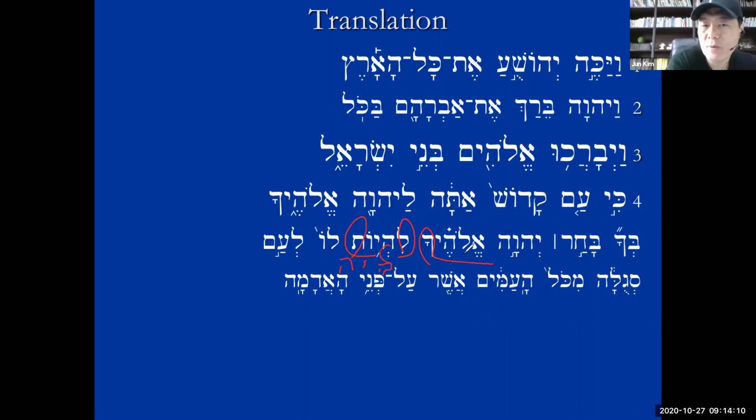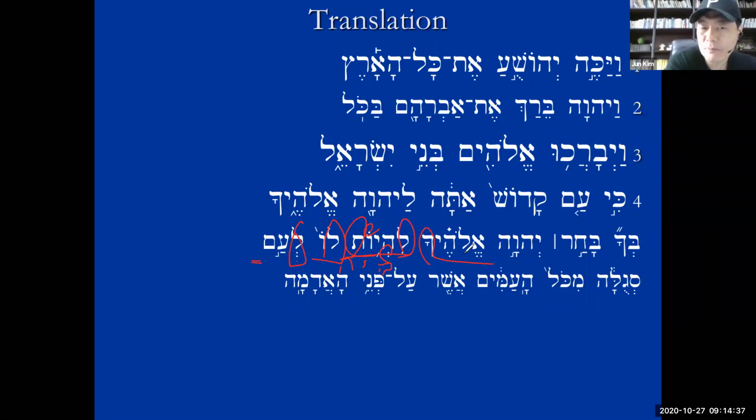So we have shewa and holem. So haya, Qal stem, infinitive construct, and no PGN, lamed preposition special feature, meaning to be or to become. So translation is to be for him, for God.